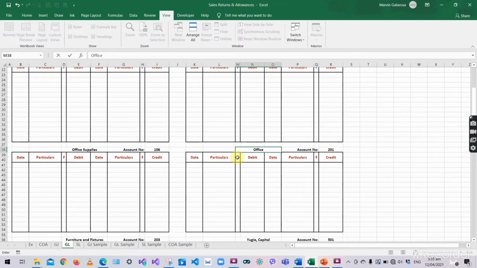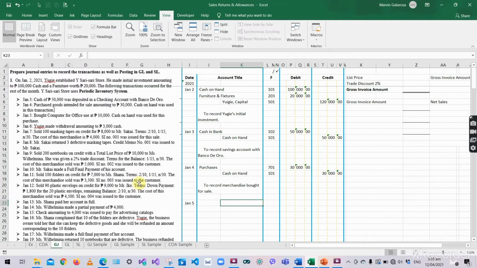Office equipment. Going back sa general journal, entry would be, nag-increase yung ating asset. Increase sa asset is recorded on the debit side. Gagamitin natin account, office equipment. So, debit, office equipment.